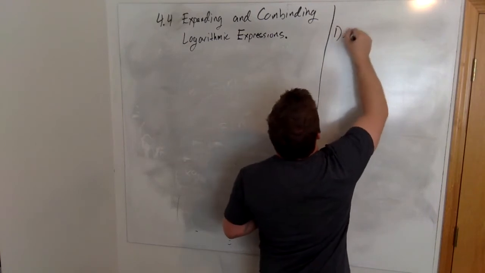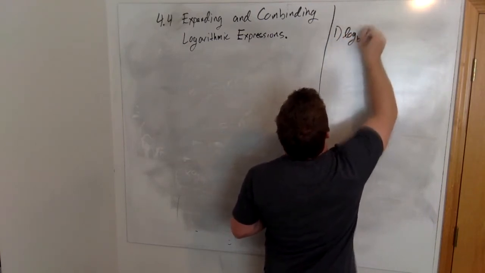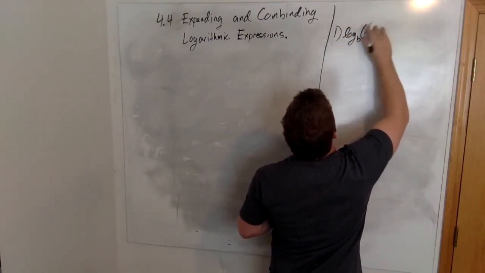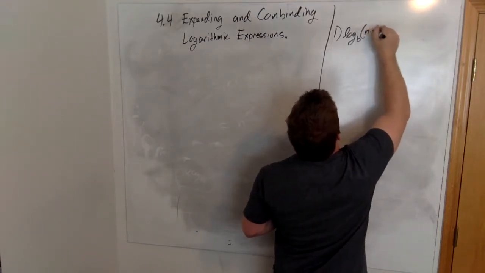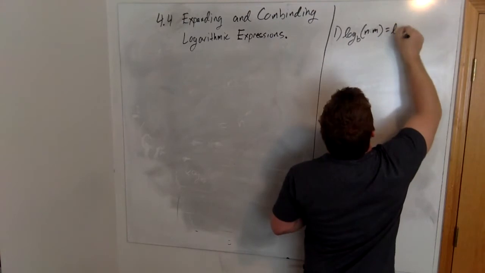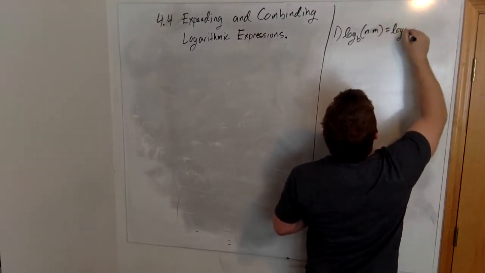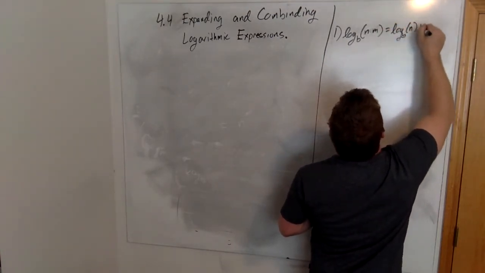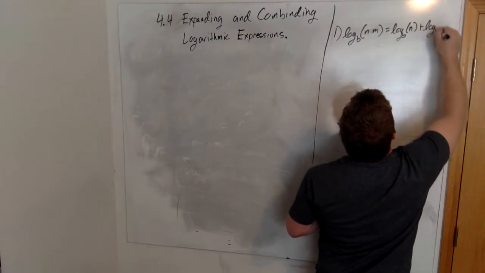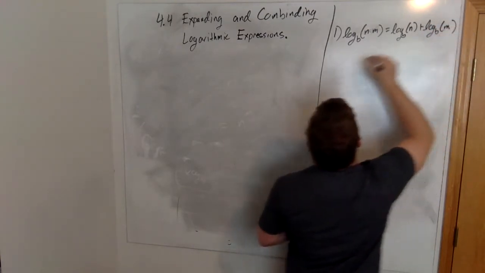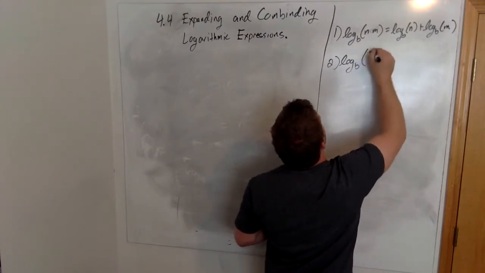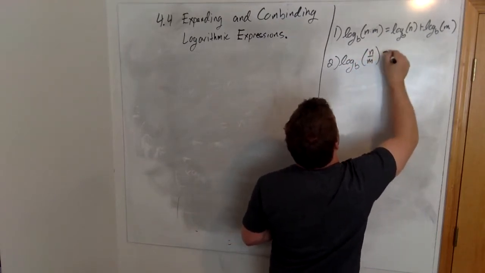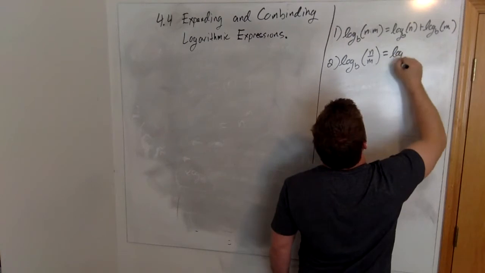Okay, if we have log base b of, really, I could put anything here. I think I was using n's and m's, n times m. This is the same thing. Multiplication corresponds to addition. Rule 2: division corresponds to subtraction.